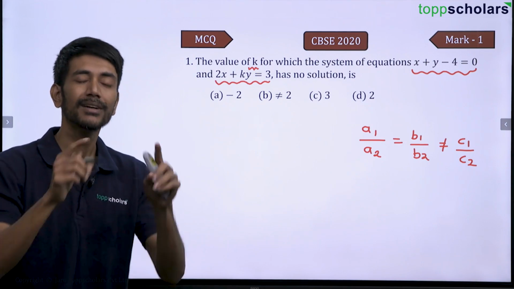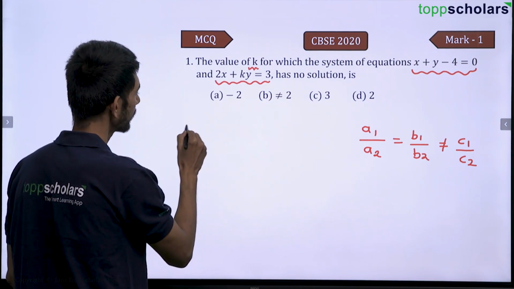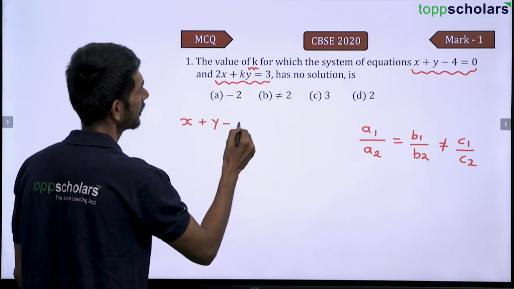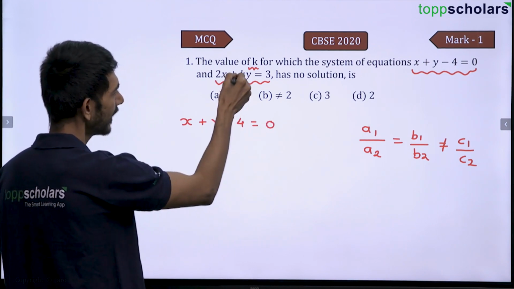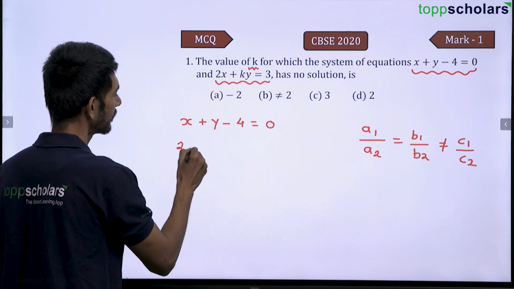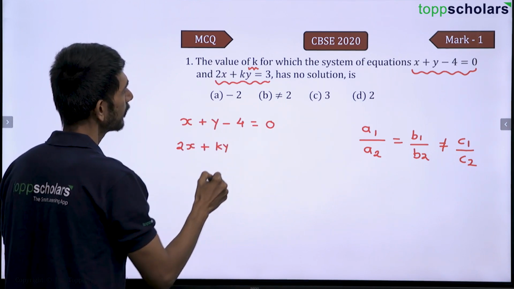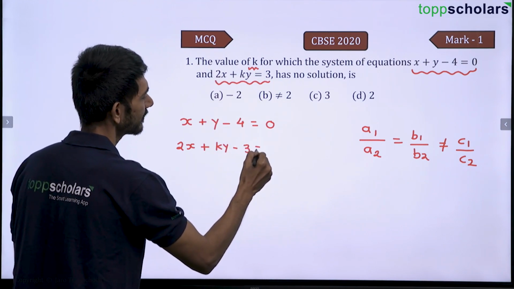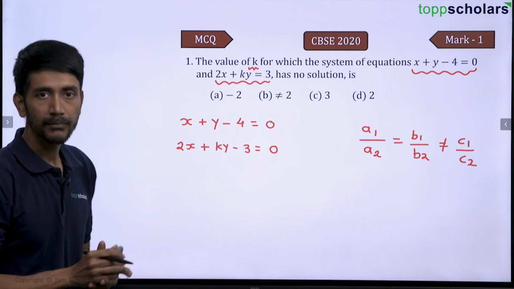No solution means the lines are parallel. So let me write down the equations first. The first equation is x plus y minus 4 is equal to 0, and here I have 2x plus ky. If I take 3 on the other side, minus 3 is equal to 0. So these are the 2 equations.